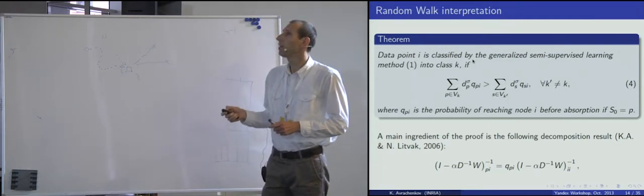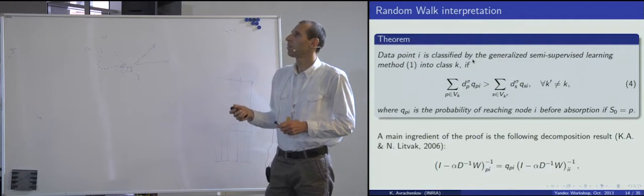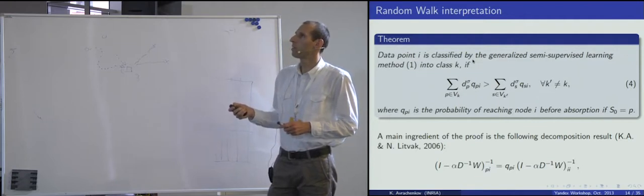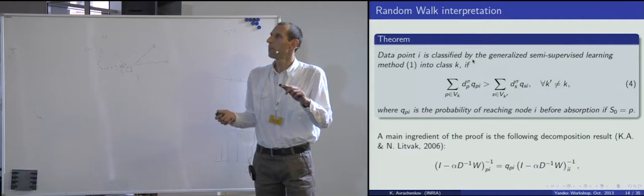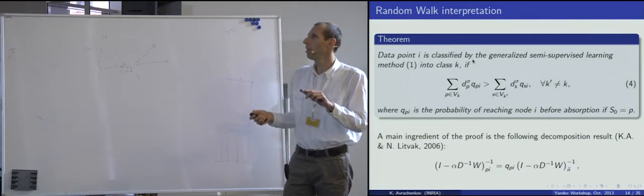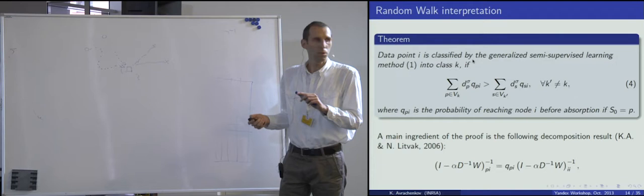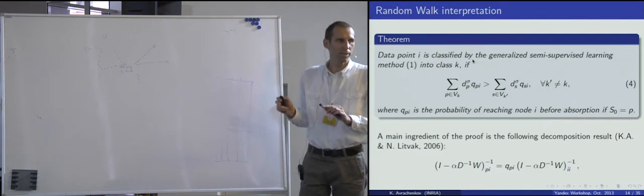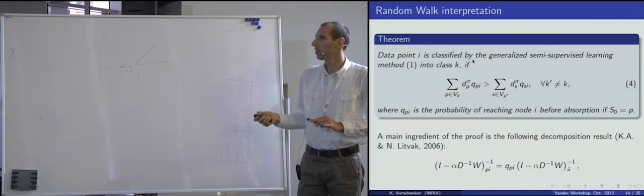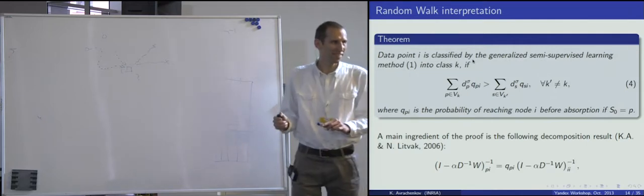A data point I is classified by our generalized semi-supervised learning method into class K if the sum of products d_p to the power sigma times q_pi, where d_p is the degree of the labeled point p, and q_pi is the probability of reaching node I before absorption if we start from the labeled point p, is largest. There is some algebra, but the main ingredient of the proof is this decomposition result, which turns out to be useful in many contexts.